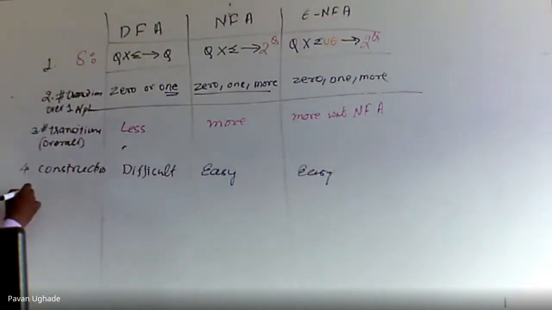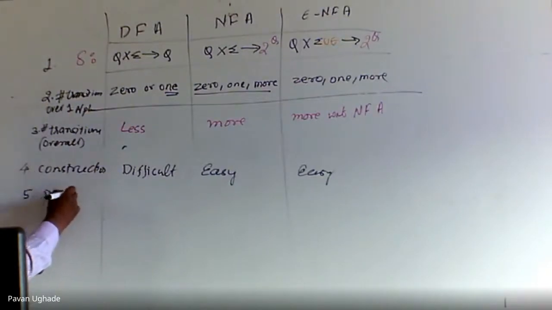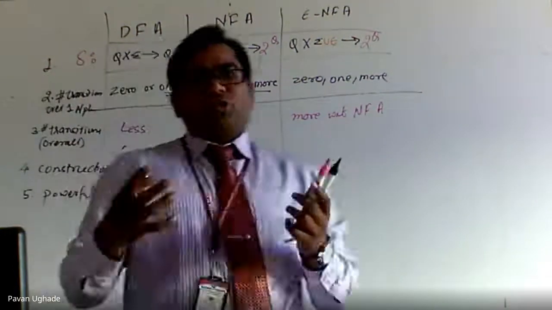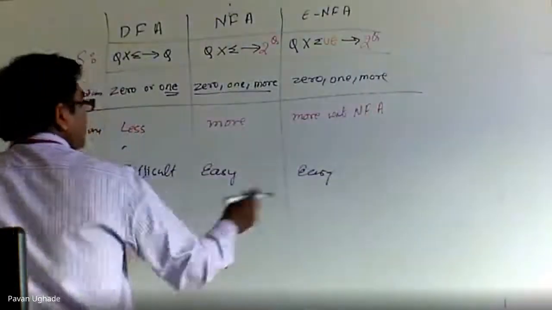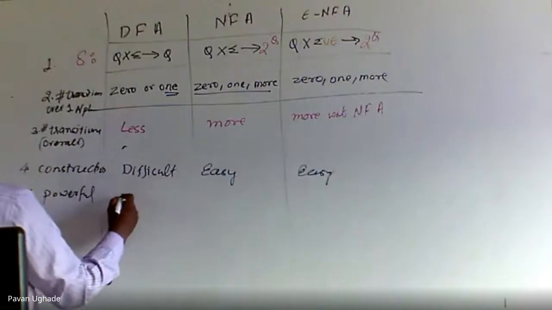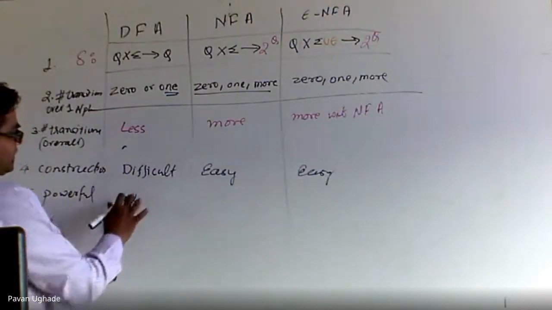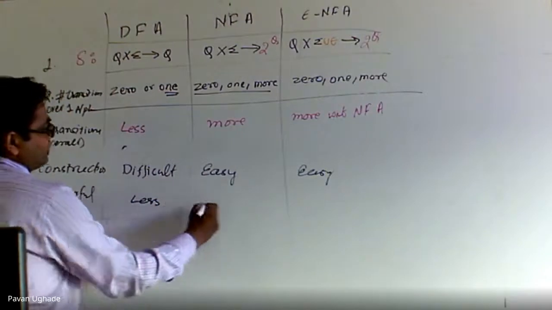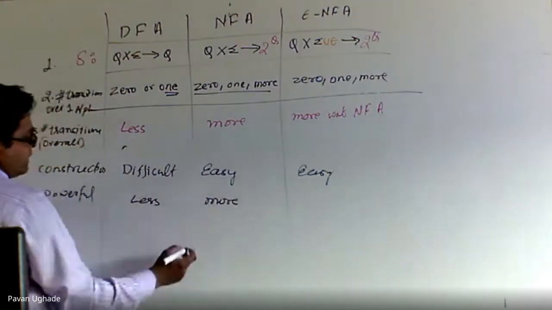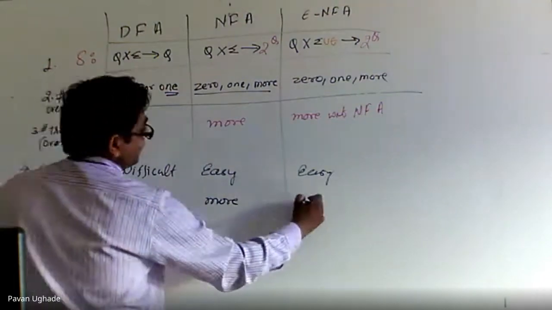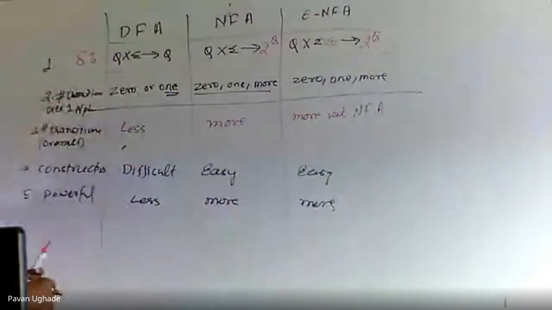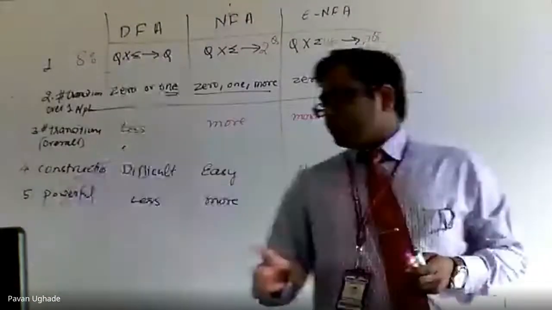And the last and important point we will be talking about is power. Which is more powerful, meaning which automata can accept more strings? Obviously it is the epsilon NFA. So the DFA is less powerful, the NFA is more powerful compared to the DFA, and the epsilon NFA is more powerful compared to the NFA.